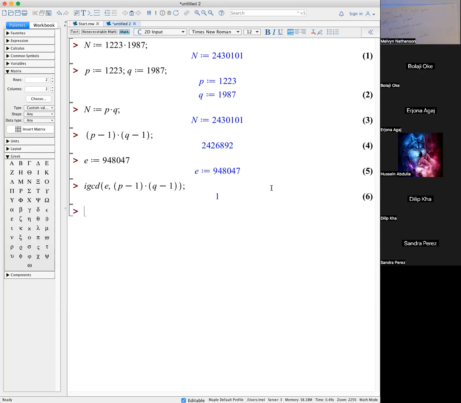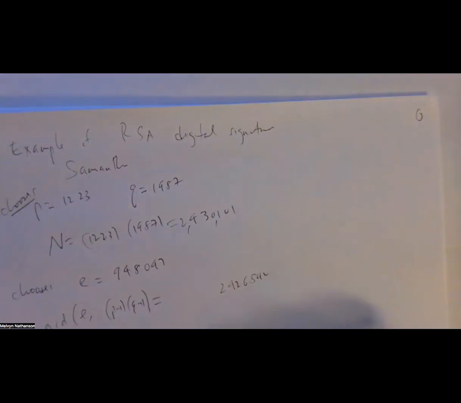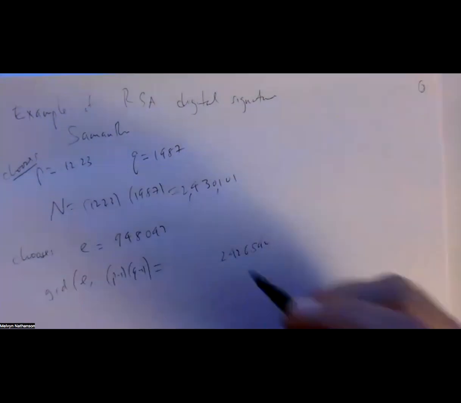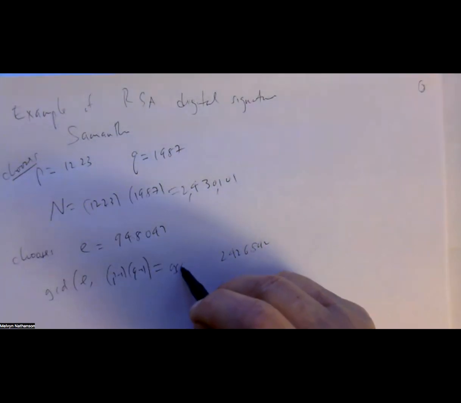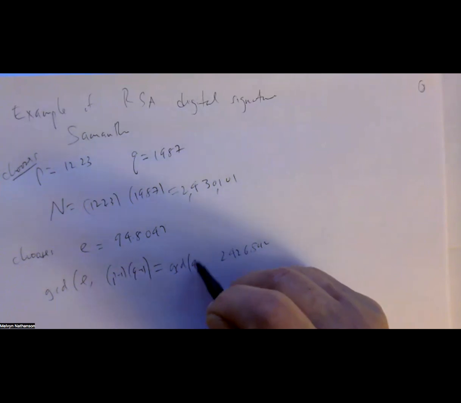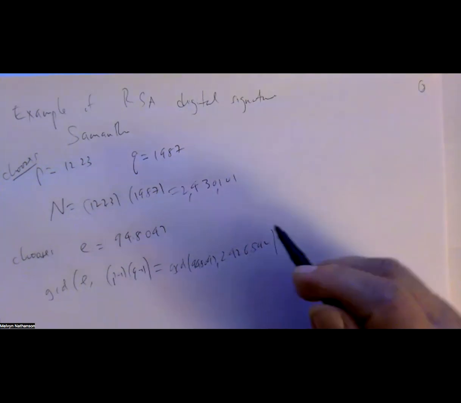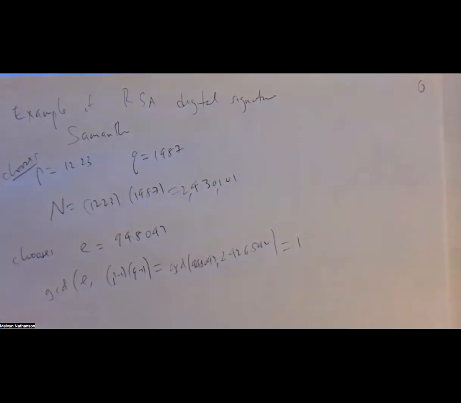So Samantha made a good choice. The greatest common divisor of E, 948047, and P minus 1, Q minus 1 is 1.